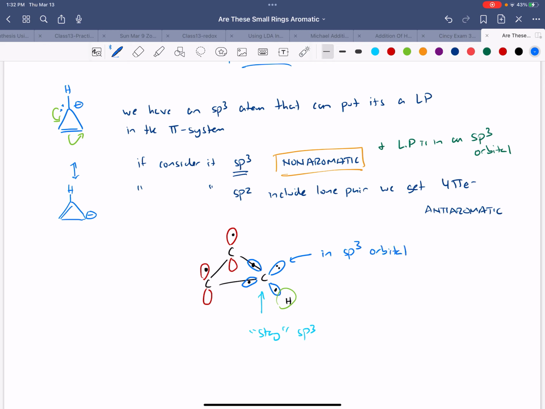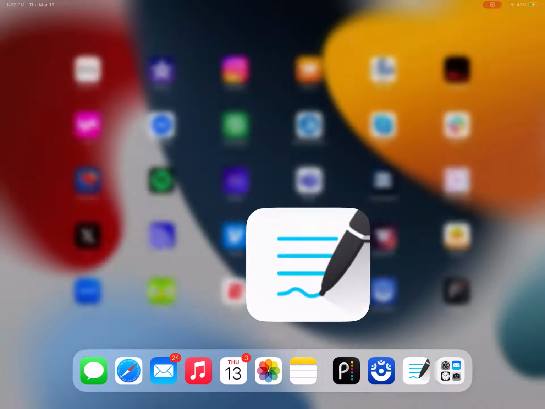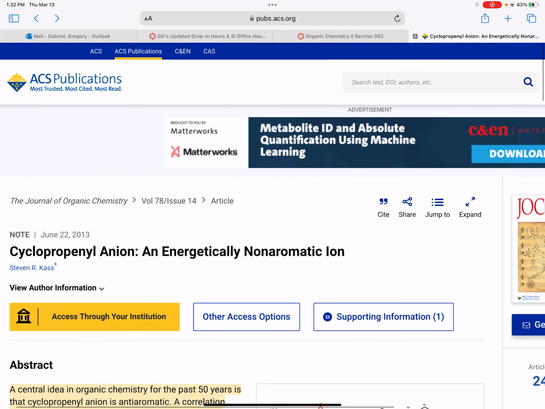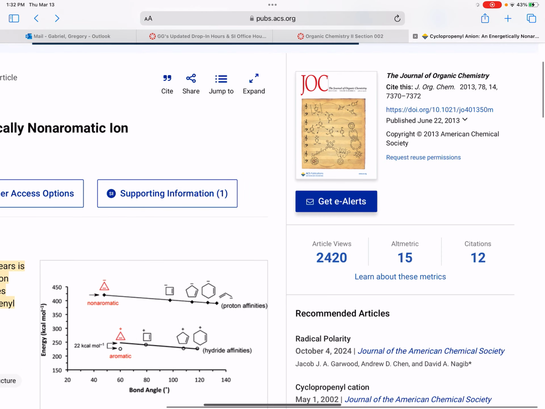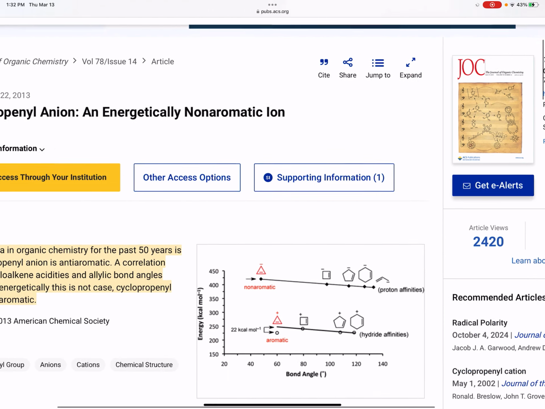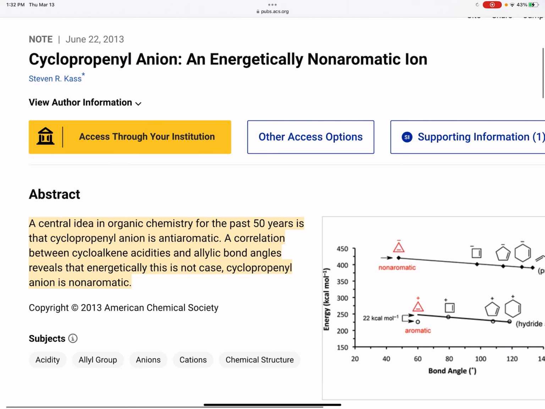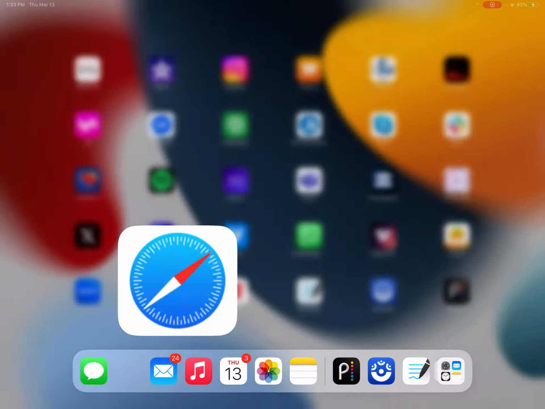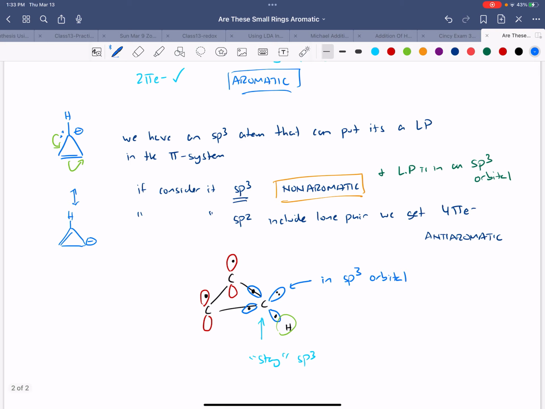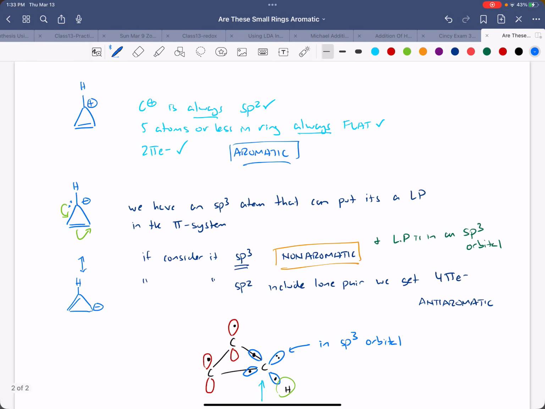It takes practice, and I said this was controversial. Take a look at this article or this abstract from the Journal of Organic Chemistry from 2013. Read the highlight. A central idea in organic chemistry for the past 50 years is that cyclopropenyl anion is anti-aromatic. What did we just say? We said that it is non-aromatic, okay?